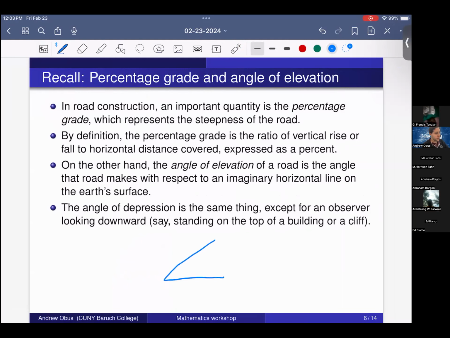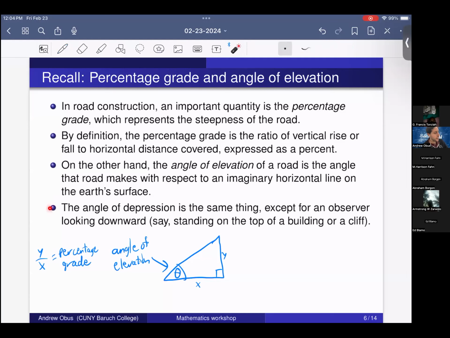If this is theta, the angle of elevation, this is a right triangle, and if I have y and x, then y over x equals the percentage grade, which we write as a percent.